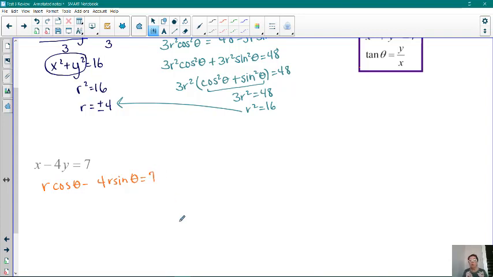Technically that's polar form, but it's not the best. It would be better if we could solve this for r. So we will take out the r. r times cosine theta minus 4 sine theta, and that's equal to 7. One more step. We'll divide on both sides by cosine theta minus 4 sine theta.